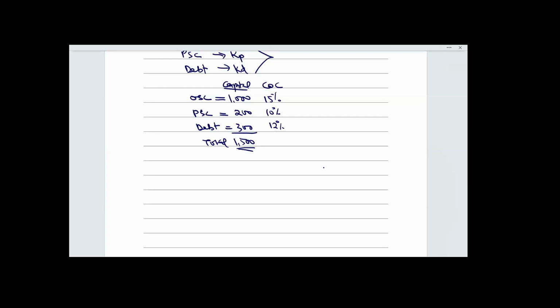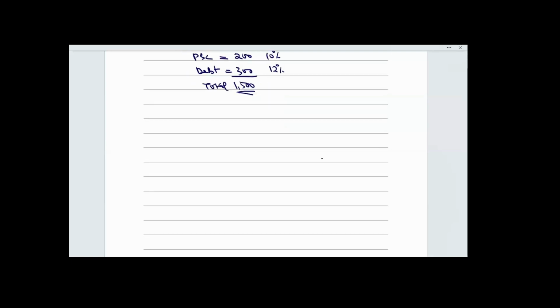Right. So when you now talk about WACC, first thing first, you need to take the proportion of equity. What is the ratio of equity in the company's total pool of capital? To do this, I need to divide the 1,000 for equity by the total value. I will then multiply that with the cost of ordinary share, cost of equity. So for ordinary share capital, the proportion is 1,000 divided by 1,500.